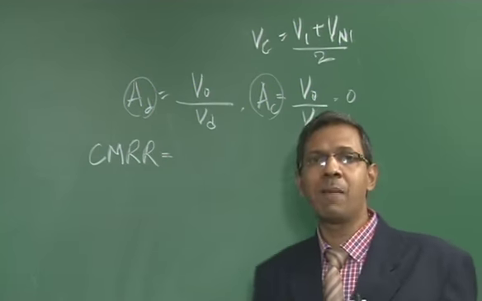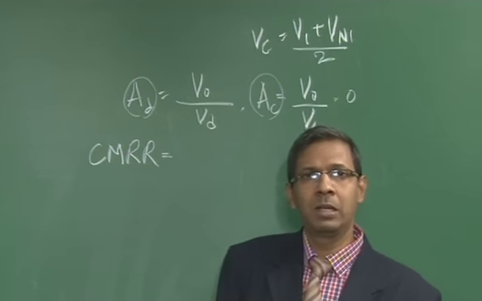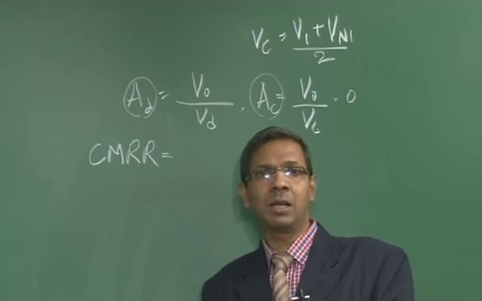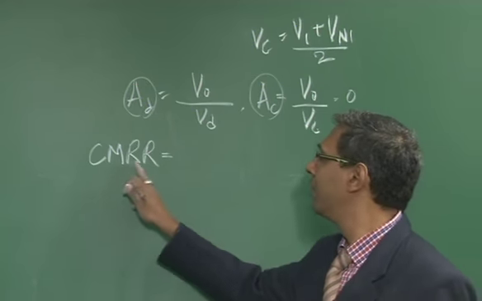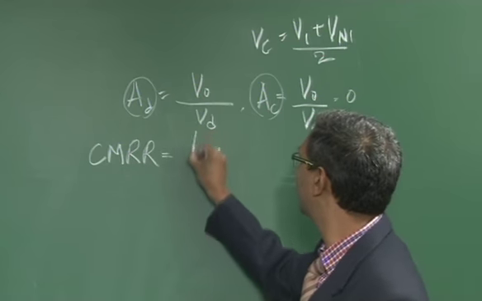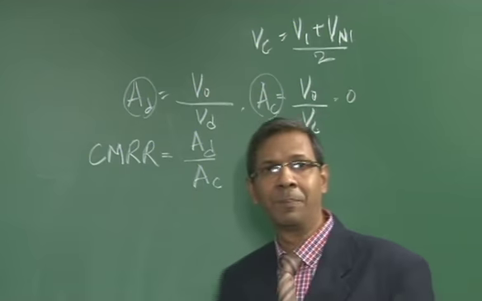Now is there a parameter which can tell the ratio to which it amplifies a difference signal and the ratio to which it amplifies the common mode signal? That ratio is called the common mode rejection ratio. It is expressed as the difference mode gain to the common mode gain.